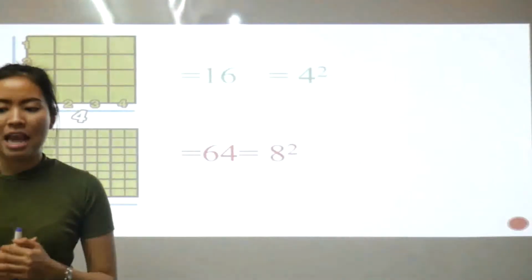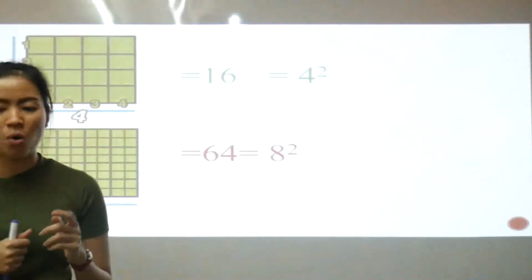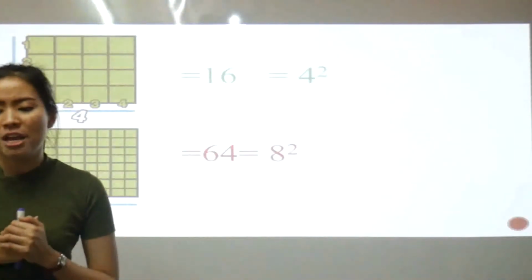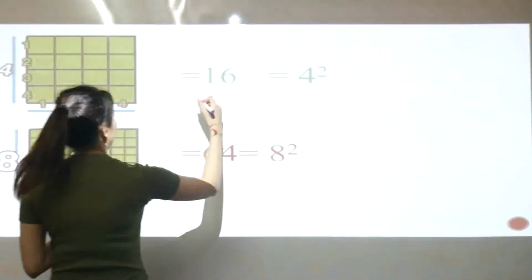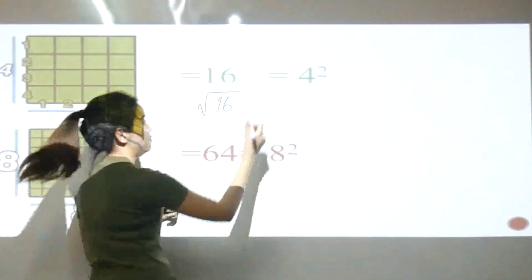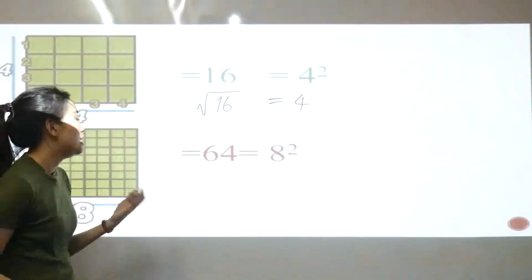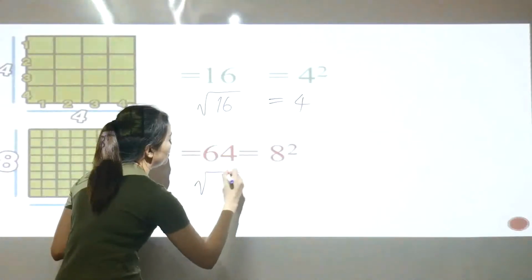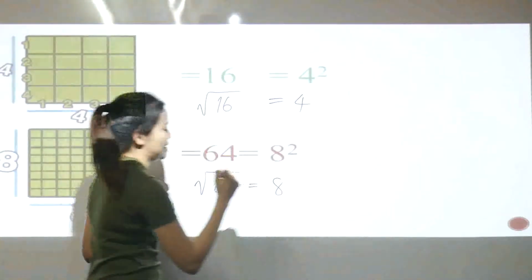Notice again that 4 and 8 are whole numbers. Now, if we take the square root of 16, it is equal to 4, and if we take the square root of 64, it will equal 8.